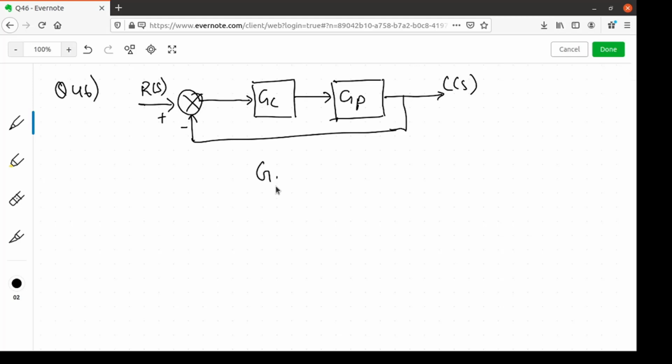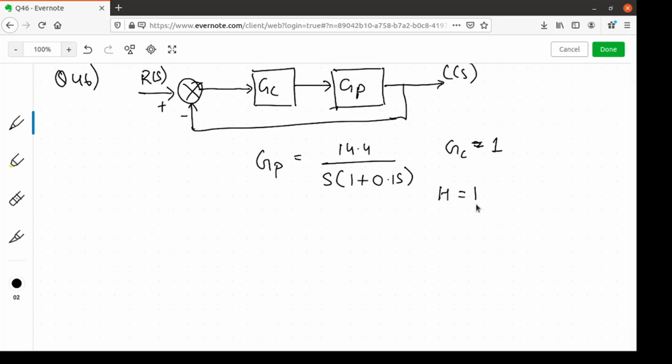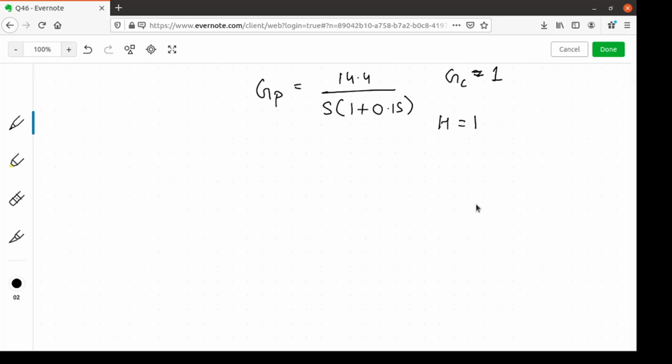So we are given Gp equals 14.4 divided by s times (1 plus 0.1 s) and Gc equals 1 and the feedback is also unity. So let us first find the closed loop transfer function.